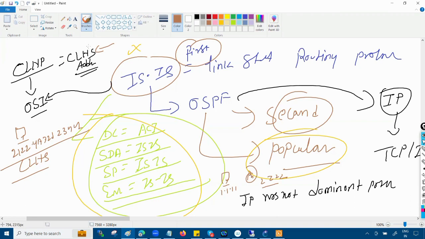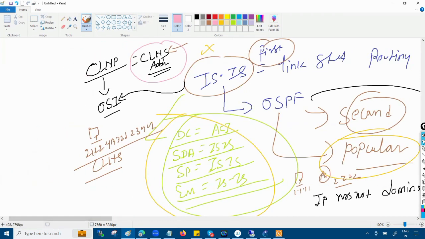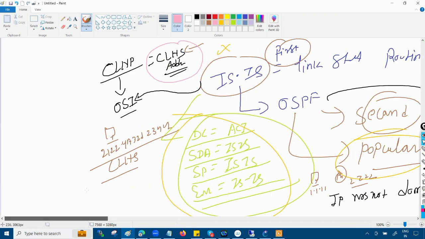But the problem of this addressing mechanism is what? They are not of fixed length. And if the addressing is not a fixed length, then what happens?